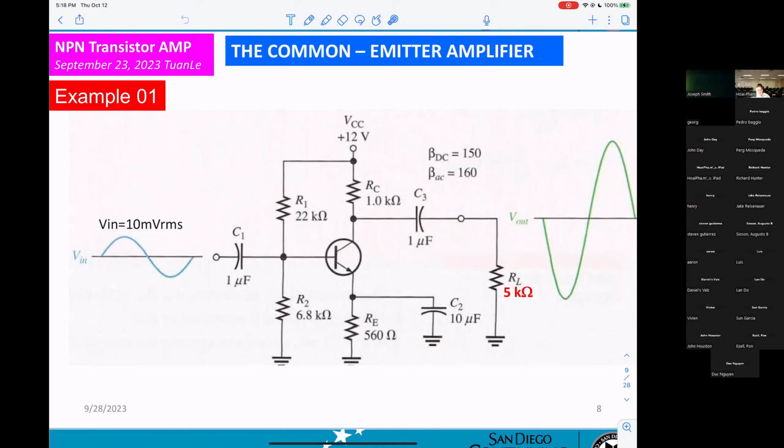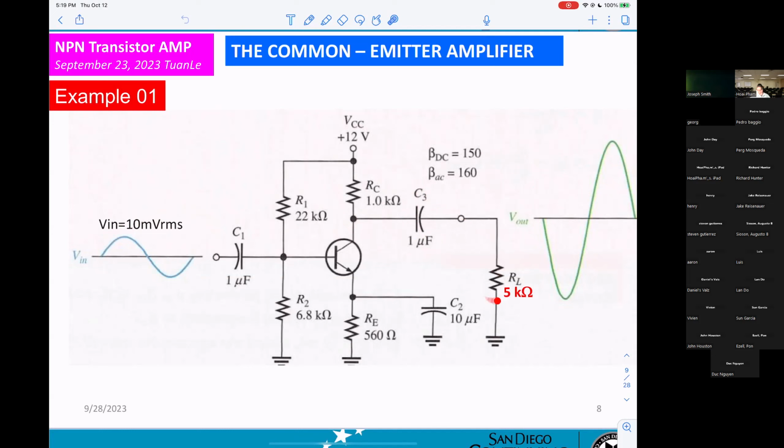When you measure at the collector here, you get two signals. One is DC, the collector voltage, and also the sine wave. That sine wave will be opposite to the input, like that one here. So at the collector, you also get DC and AC. The capacitor C3 is the same thing, DC blocking or AC coupling.